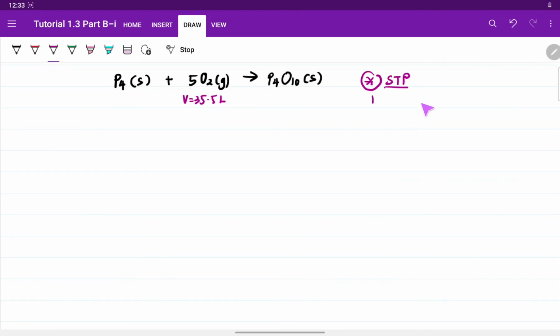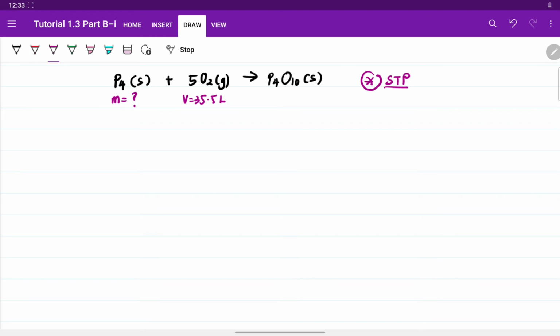Saya dah keluarkan balik awak punya equation dekat sini. Now, soalan tadi minta, how many grams of phosphorus? Soalan minta ni, berapa mass phosphorus yang akan digunakan untuk bertindak balas dengan 35.5 liter of oxygen. Tadi maklumat yang kita ada volume of oxygen dan kita tahu kita adalah STP.